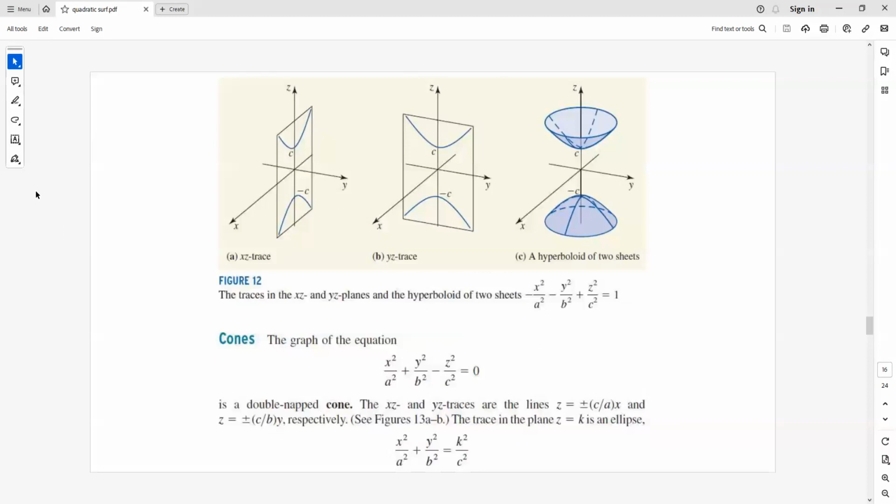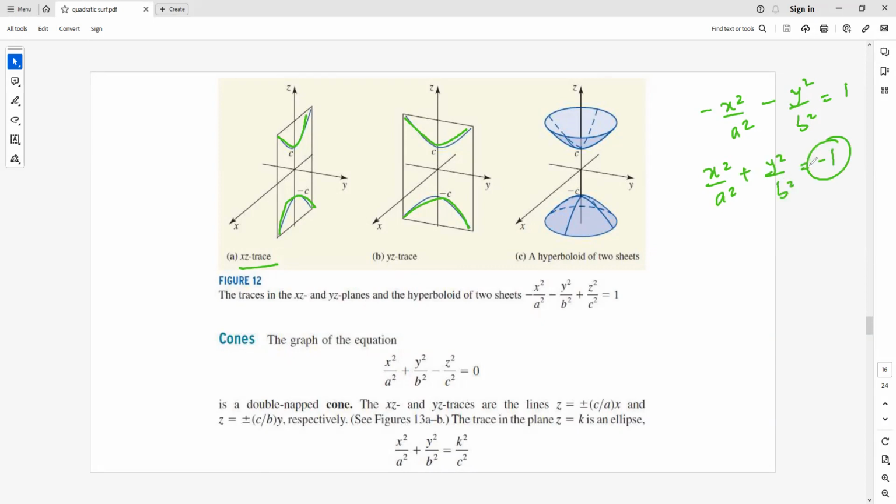Now see here, this is the xz trace, a hyperbola as we already discussed, and this is the yz trace. Now if you combine these, for the xy trace, we shift the negative sign to the right side: x squared over a squared plus y squared over b squared equals -1.